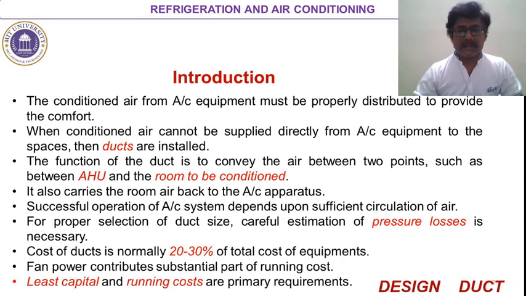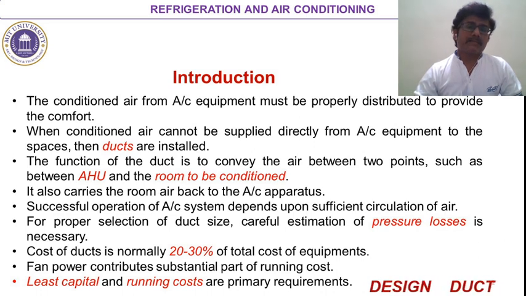Normally the requirements are there for a small capacity refrigeration or air conditioning system, and in such situations, we normally fit a window air conditioner across the outer side of your window to get the required air at the necessary temperature and the relative humidity.